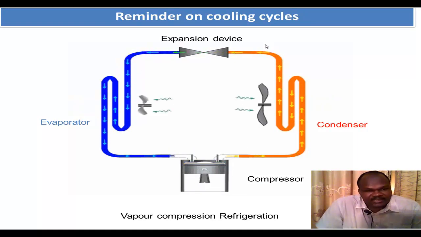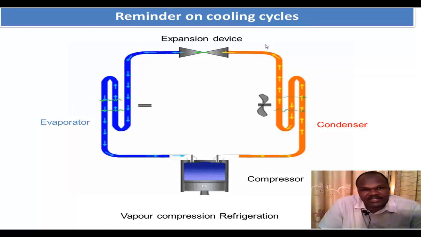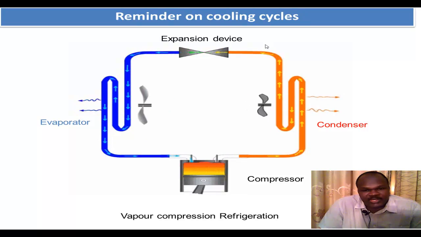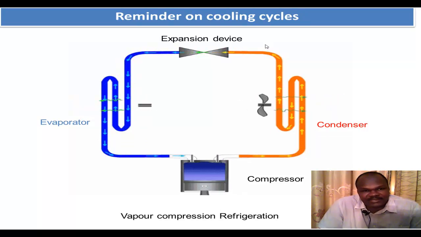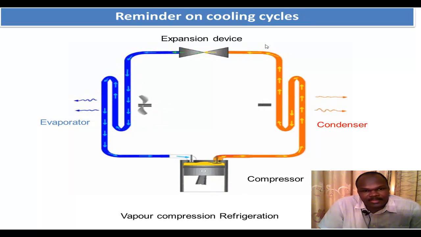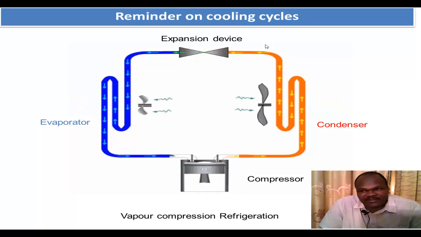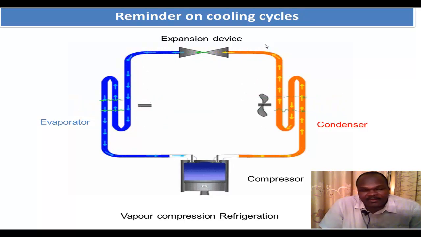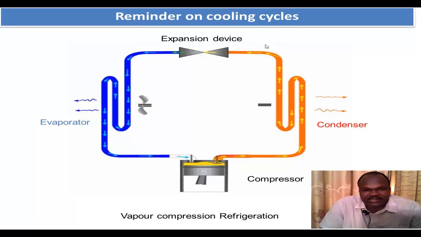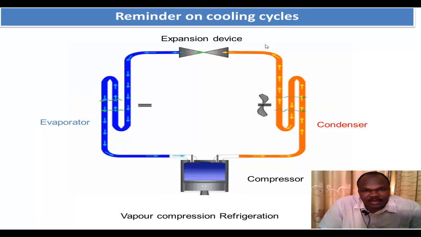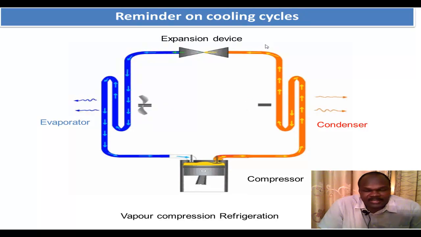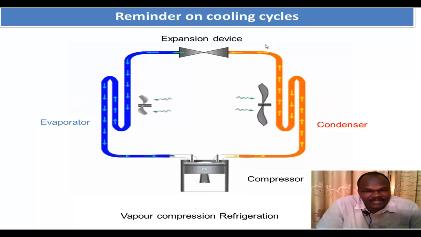This is an animated image to show you a little bit how vapor compression refrigeration systems work. Vapor compression refrigeration systems are like the conventional air conditioning system that you have in your office, or the air conditioning system that you have in your car.